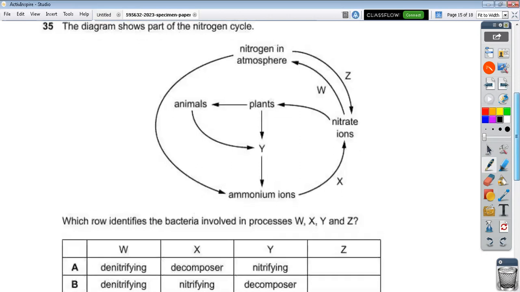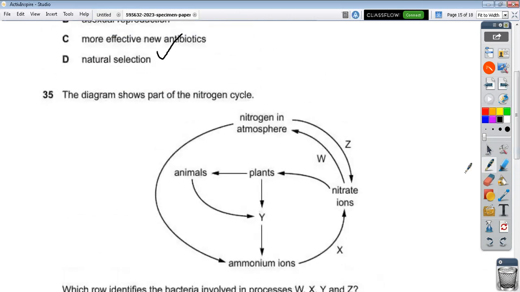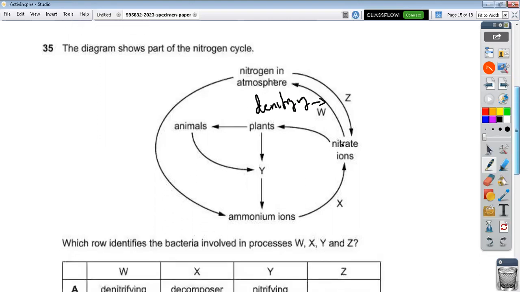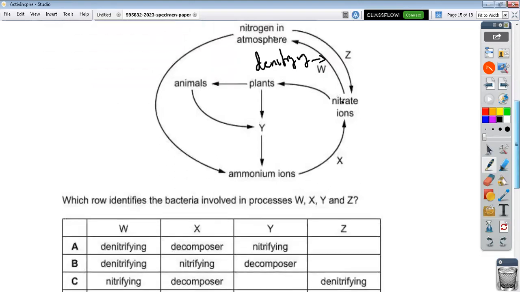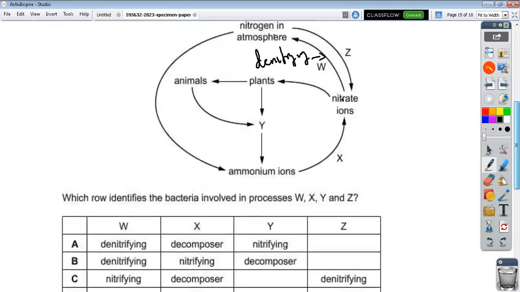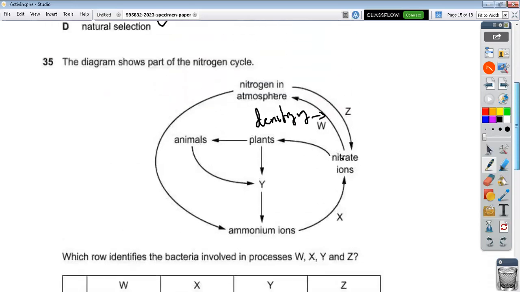What do you call that? You call that denitrifying. If nitrate ions are being turned into nitrogen in the atmosphere, we call that denitrifying bacteria. Denitrifying, clear? Then Z, what do you call it? It's nitrogen to nitrate ions. The nitrifying.